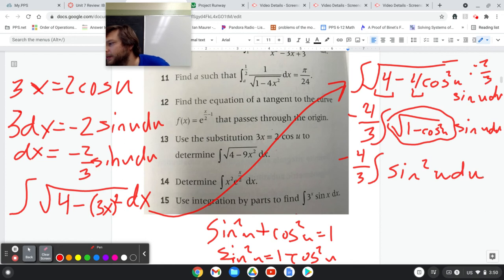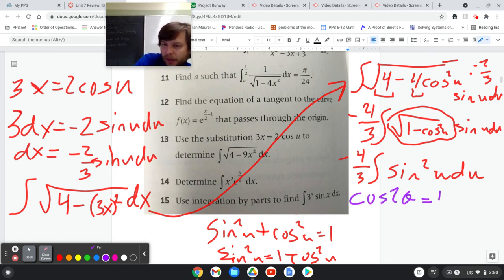Right there at the top of page 7, there's a double angle identity, which allows you to rewrite sine squared u. The double angle identity says that cosine of 2 theta equals 1 minus 2 sine squared theta. And so I'm just going to rearrange that and use that to do my integral.